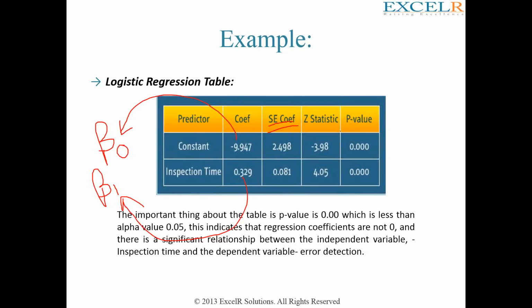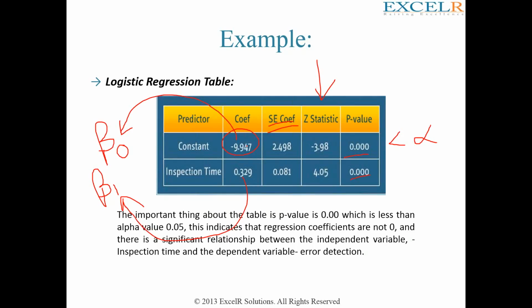We have the z-value. We have looked into the z-value, I believe, in the first, second, or third session, right? And you have the corresponding p-value. Here, p-value is less than your alpha value, which is 0.05. This indicates that this coefficient is not 0.